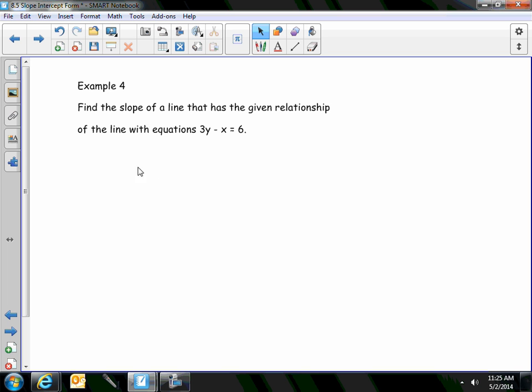In our last example, example 4, we're to find the slope of the line that has the given relationship of the line with the equation 3y minus x equals 6. So on this, we're going to determine what our slope is, and then what the parallel slope is, and what the perpendicular slope is. So the first thing we're going to need to do is put it in slope-intercept form. We have 3y minus x is equal to 6.